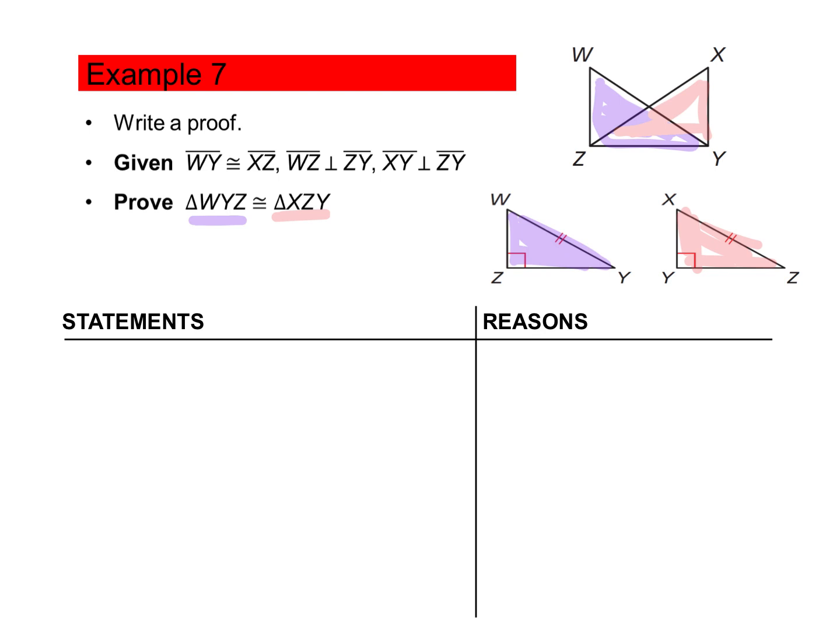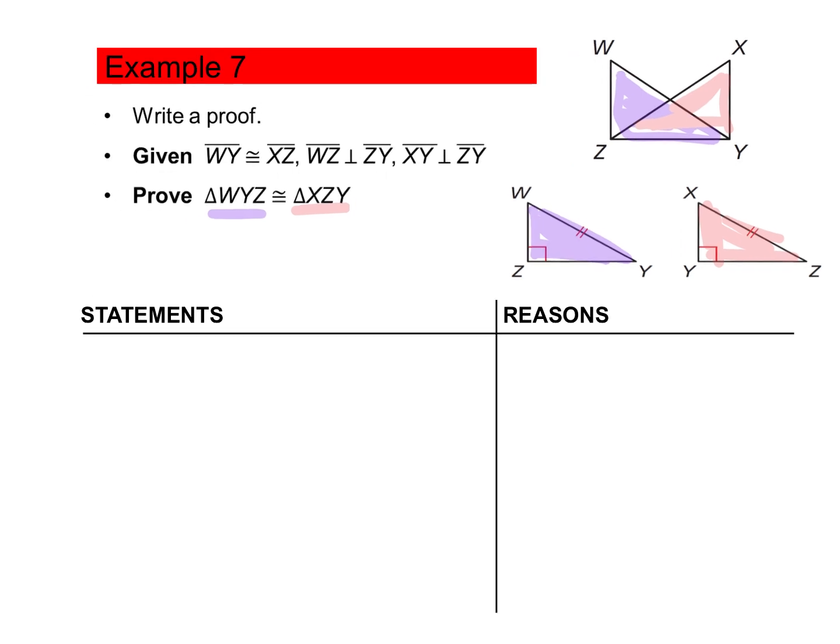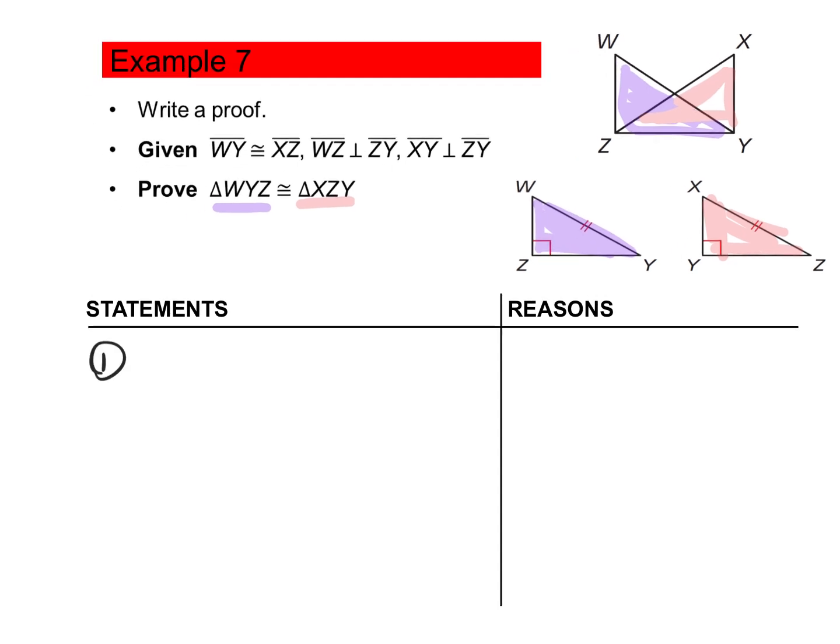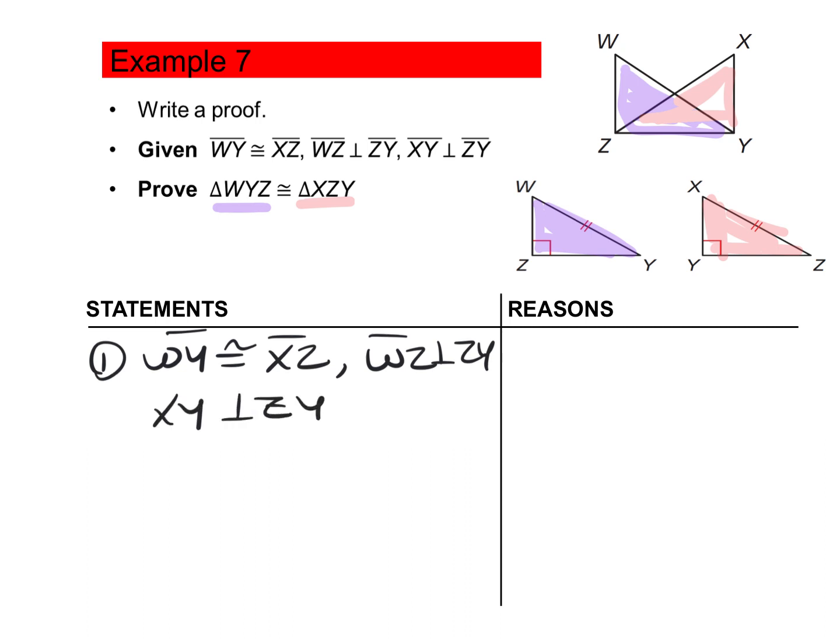So let's go ahead and start filling in what they've given to us. So number one, WY congruent to XZ, WZ perpendicular to ZY, and XY perpendicular to ZY.